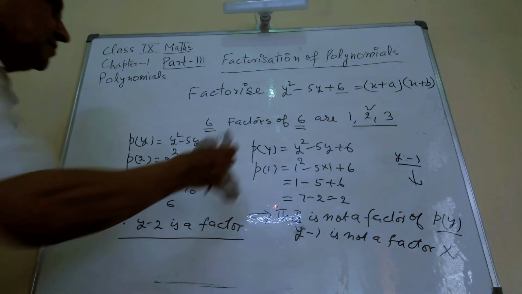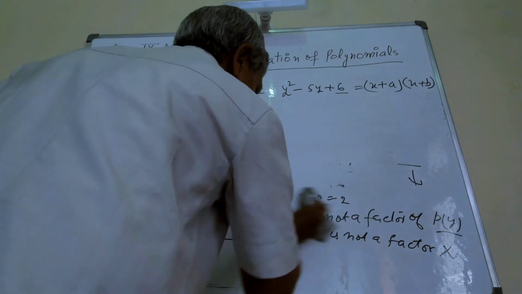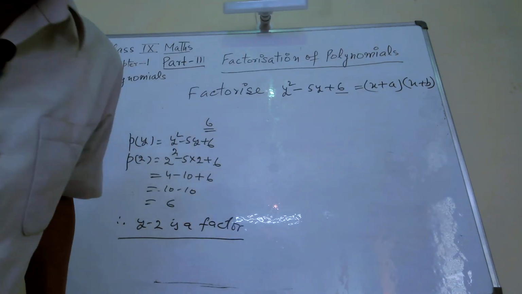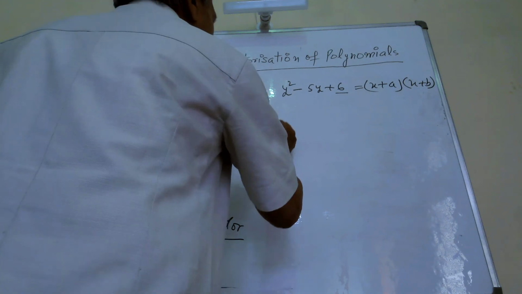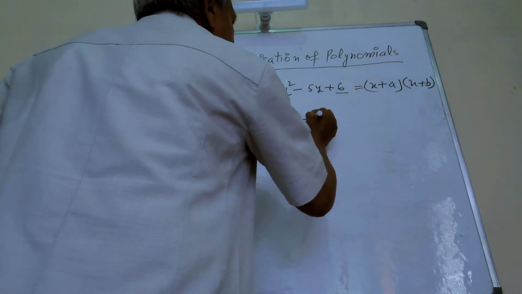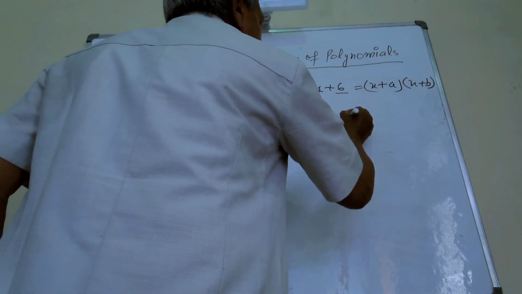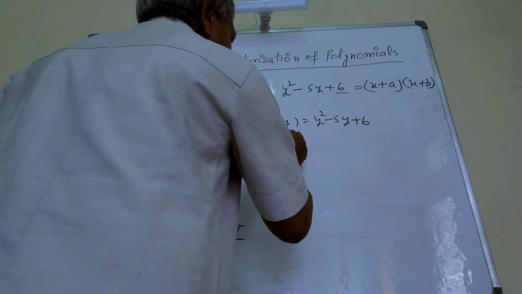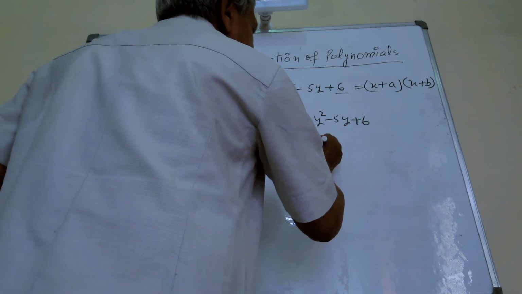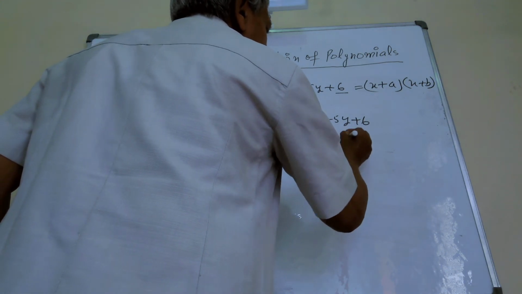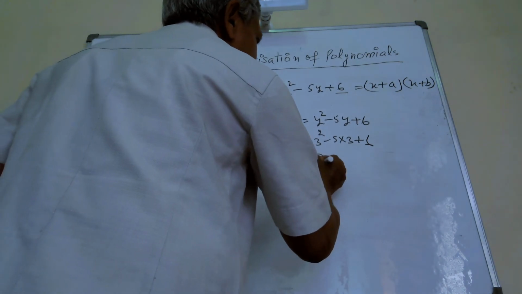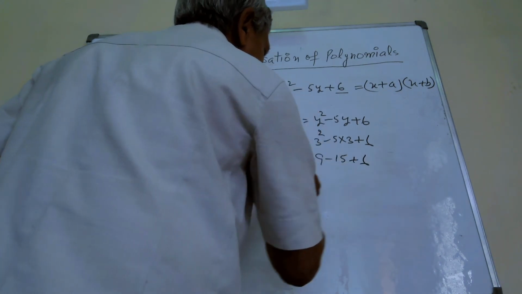Now third. P(y) is equal to y square minus 5y plus 6. Here put the value 3 in place of y. 3 square minus 5 into 3 plus 6. P(3) is equal to 9 minus 15 plus 6.